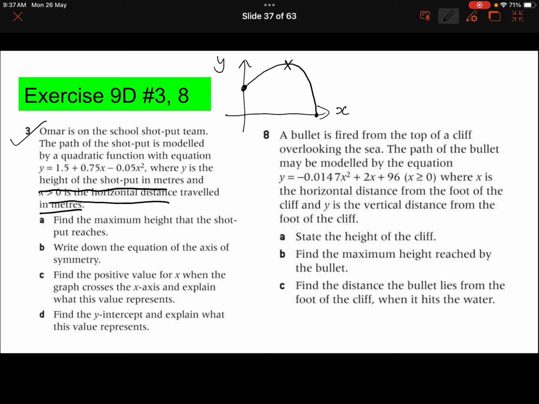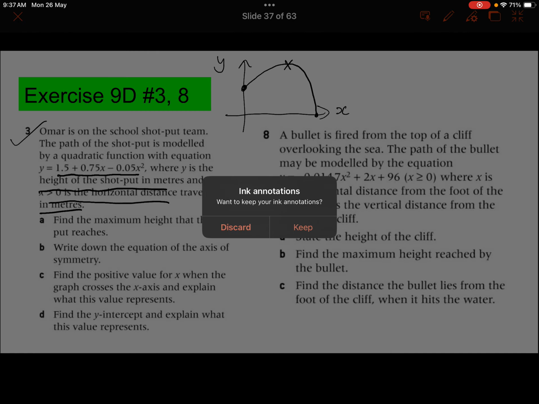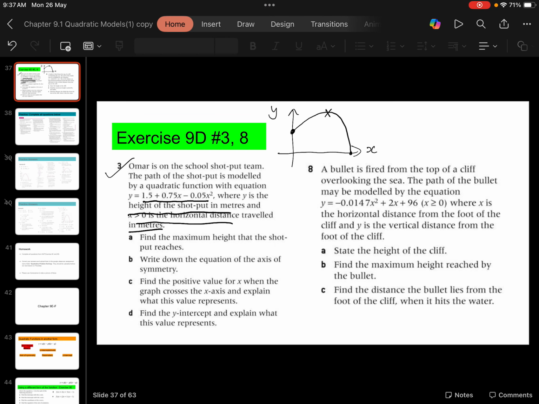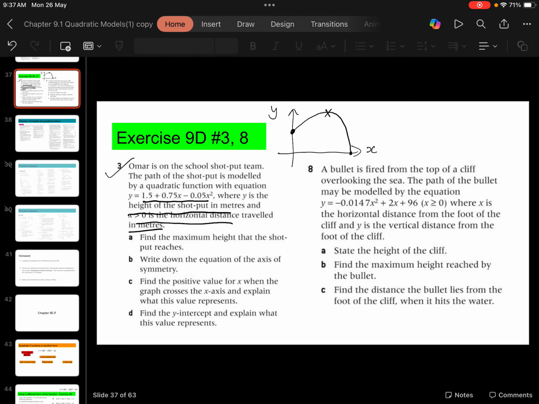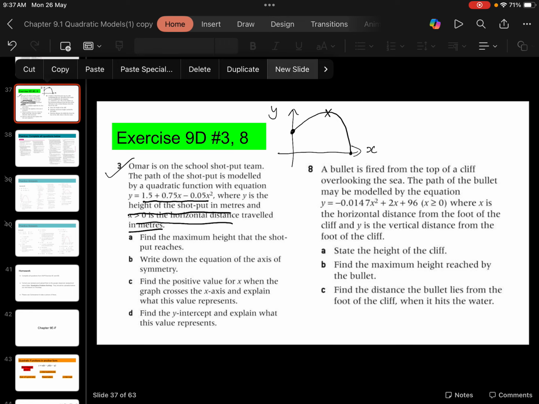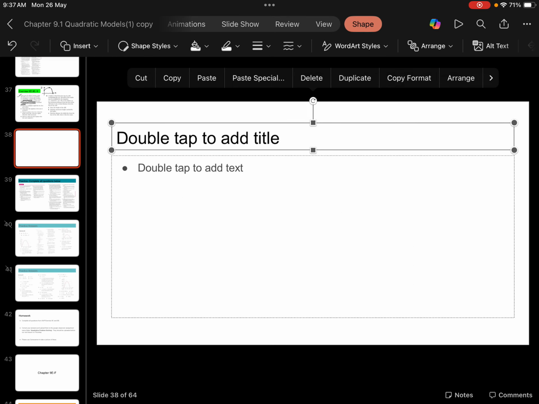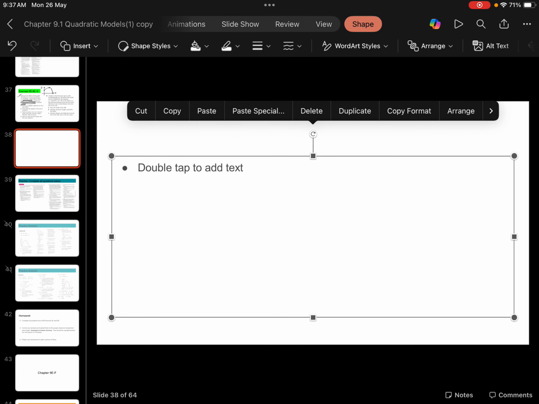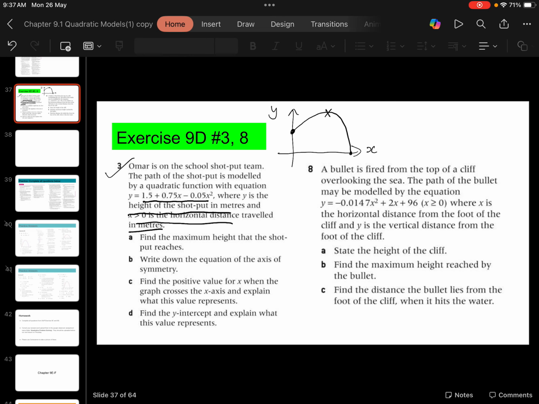So we have this function here, which is 1.5 plus 0.75x minus 0.05x squared. What we're going to do is attempt this question. Let me insert a new slide because I need some space. Let's cut this out, and this out as well.